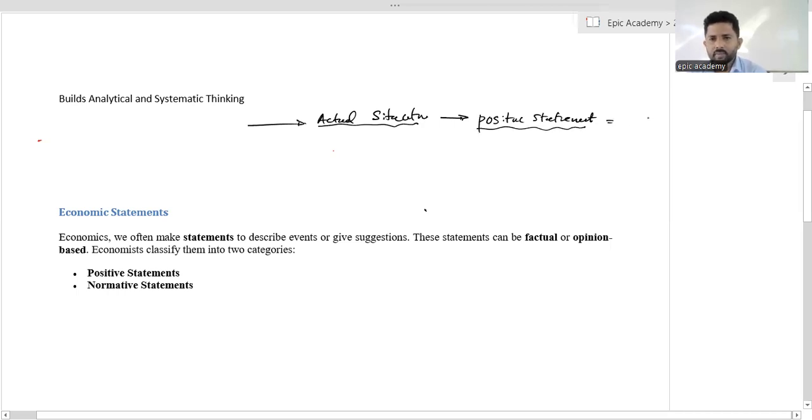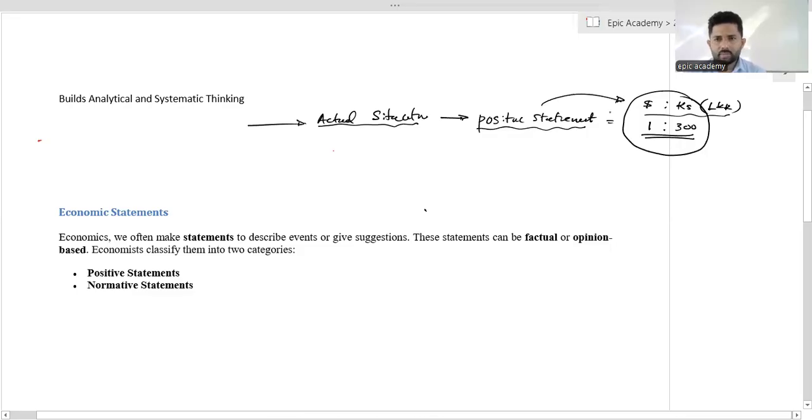As an example, if you are going to discuss the forex market, a $1 value in Sri Lankan rupees, LKR. Okay. For example, just consider $1 equals 300 Sri Lankan rupees. So it is an actual situation. So we call it a positive statement.